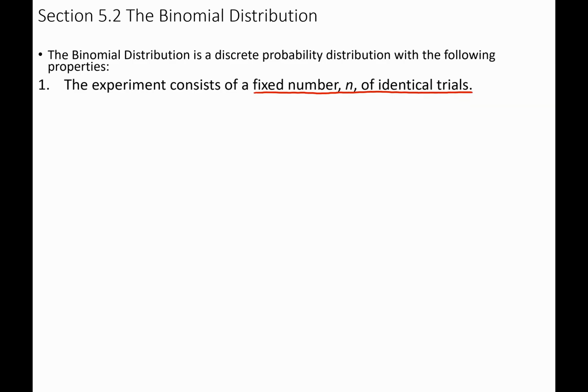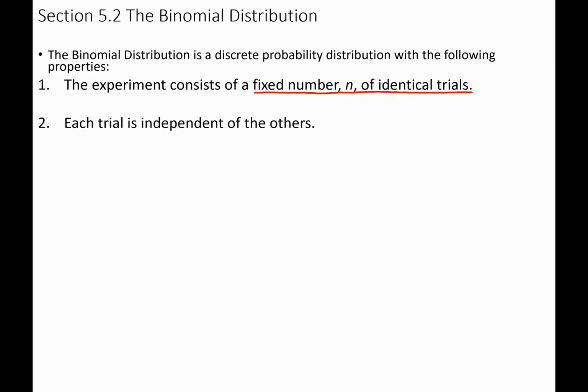And notice it says identical, so I have to do the same thing trial after trial after trial. I can't change or alter anything. So it has a fixed number of trials. So we're going to say we're going to roll the dice 7 times. We're going to select 10 students. We're going to test 15 light bulbs. It has to be set out how many trials you have.